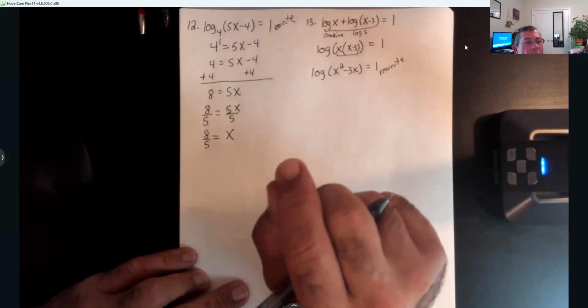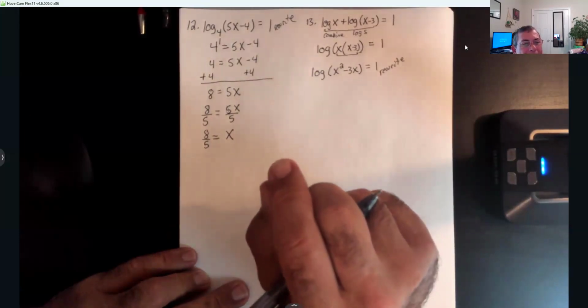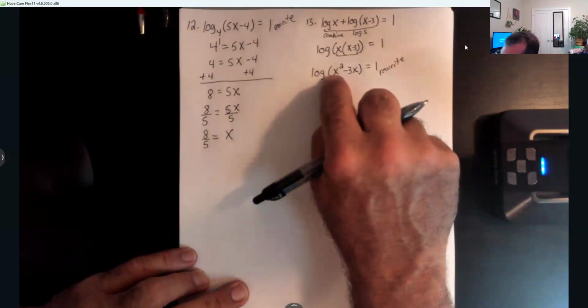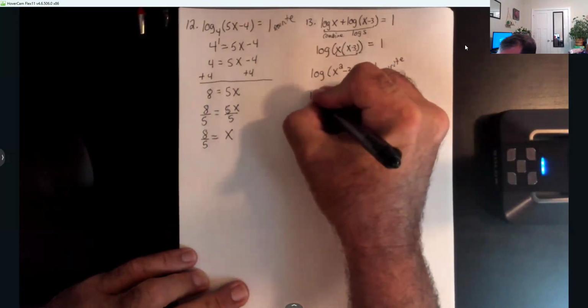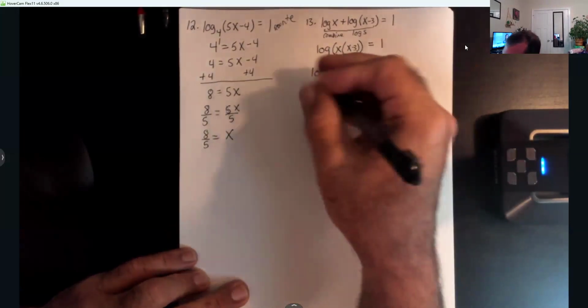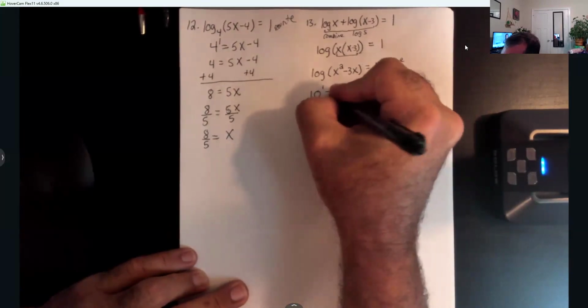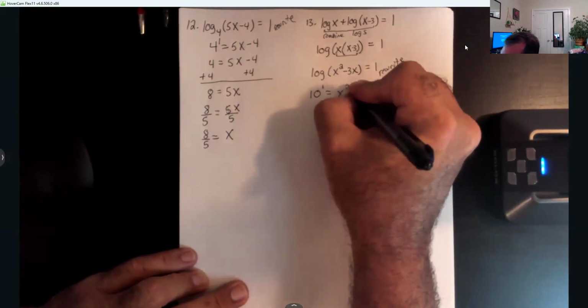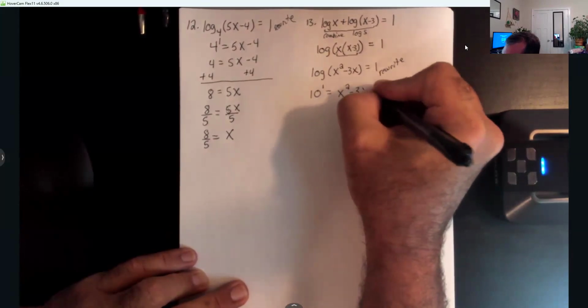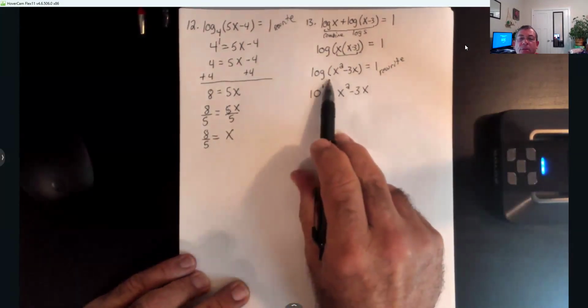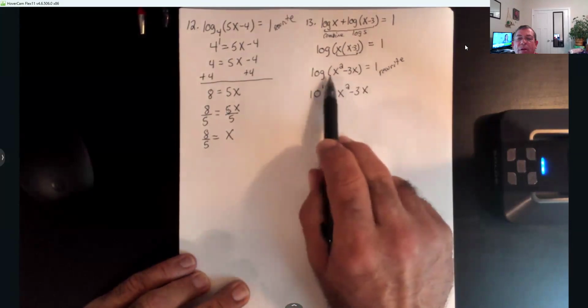Well, y'all told me a while ago that would be a 10 if there's no base. So I got 10 to the exponent 1 equals x squared minus 3x. So the base, exponent, result.